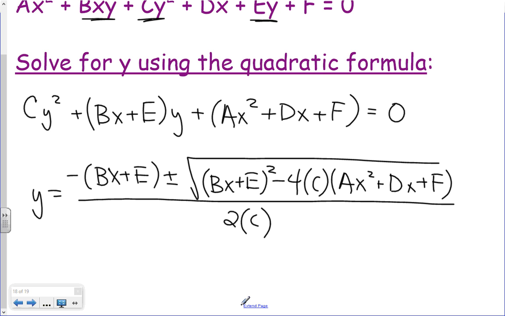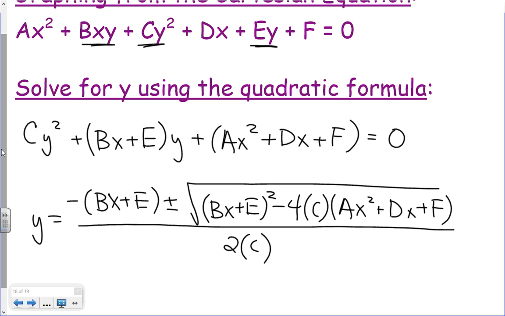I just took that polynomial form and solved it for y using the quadratic formula. Now realize I get 2 solutions here. There's a plus or a minus. In the case of sketching an ellipse, for example, you see the top half of it and the bottom half of it. In the case of sketching a hyperbola, you're going to see the same thing. There's a top half and a bottom half.